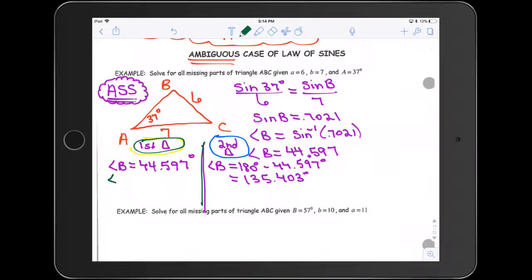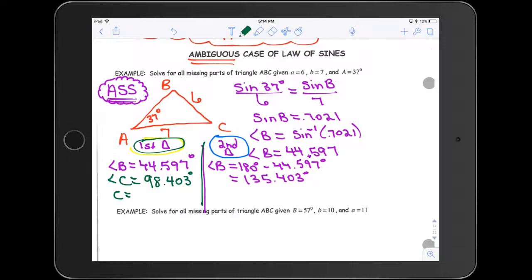So this here is going to be angle C, and of course we know angle A is 37 degrees. We know angle B is 44.597 degrees in this triangle. So when I go 180 minus those two angles, I end up with 98.403 degrees. From there, we need to finish solving this by finding the length of side C. How do we do that? Well, we do exactly what we've been doing.